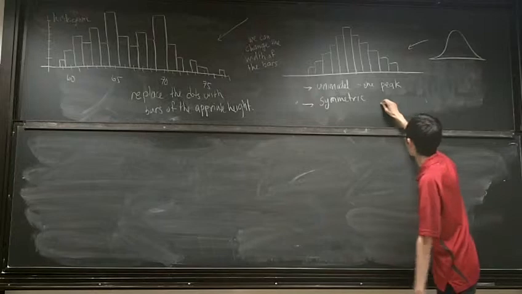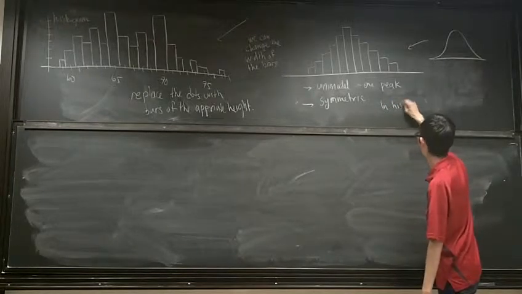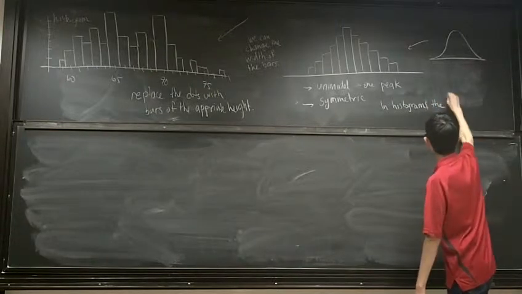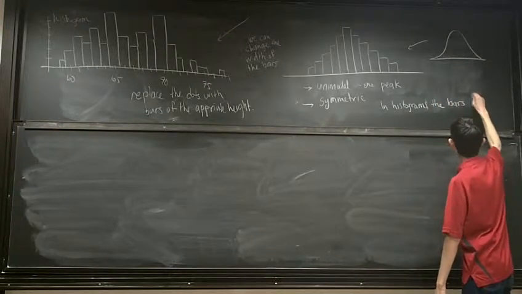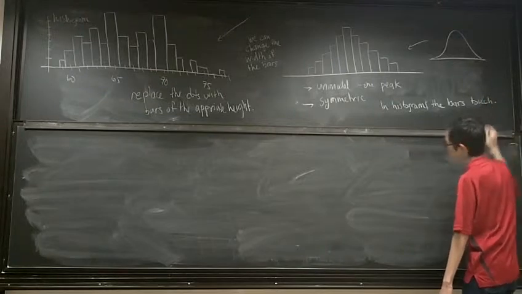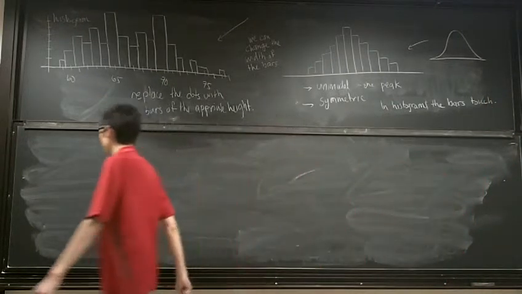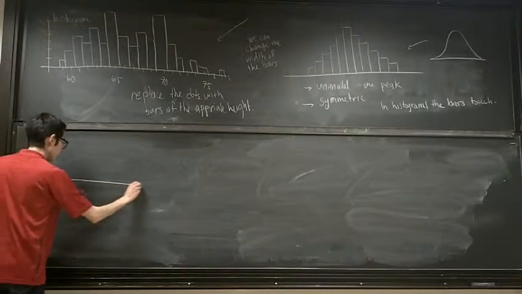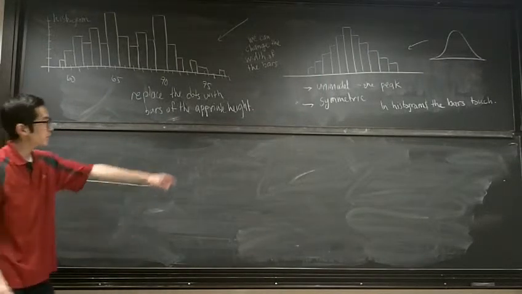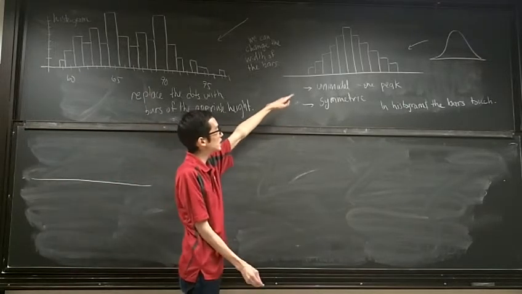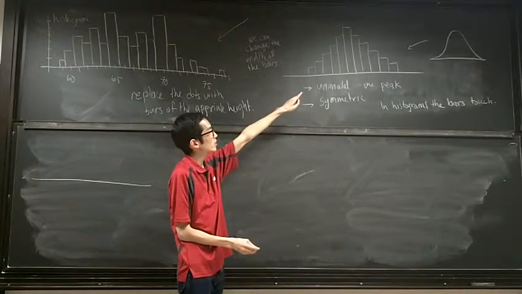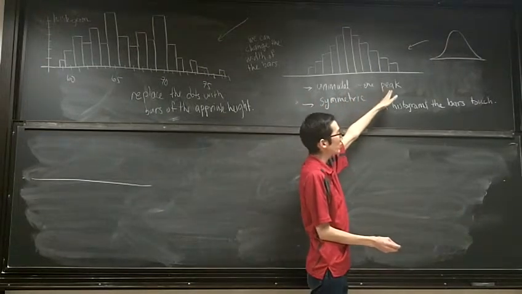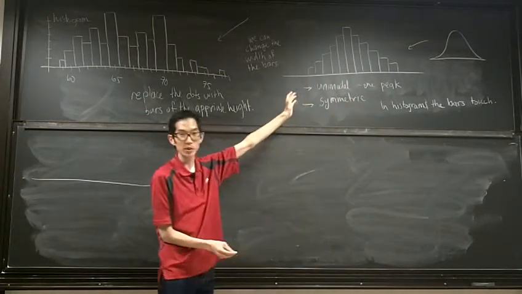Again, in histograms, the bars touch. So what does it mean to be unimodal and symmetric? This is something where you have a middle and you have just about as many people above the middle as you do below the middle.